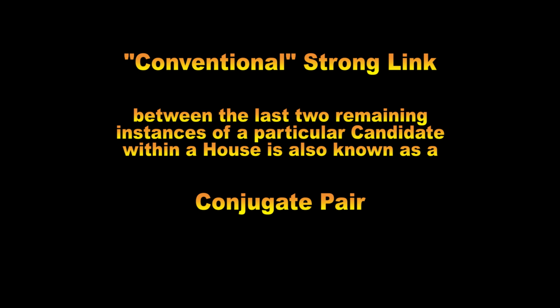There is indeed a strong link between the two candidates in any bi-value cell, but this type of strong link is not called a conjugate pair. The term conjugate pair applies only to the strong link between the last two remaining instances of a particular candidate within a house, i.e. a row, column, or block.